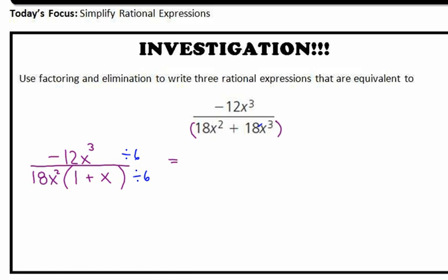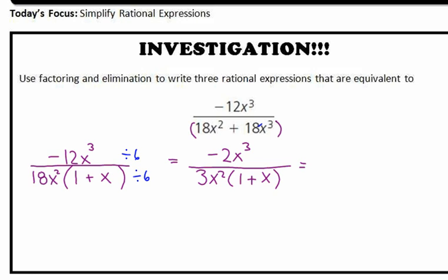What's -12 divided by 6? -2x cubed. And then what's 18 divided by -6? +3, yeah. x squared, (1 + x). What else can we simplify in this expression?